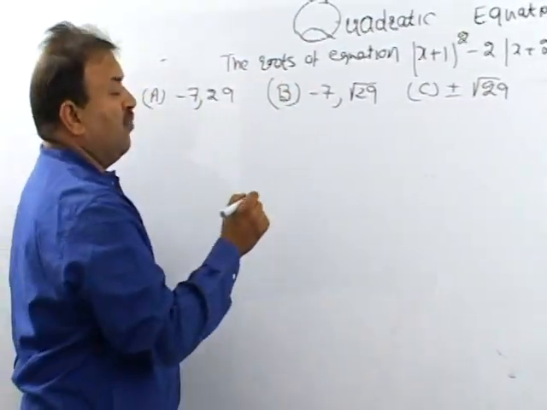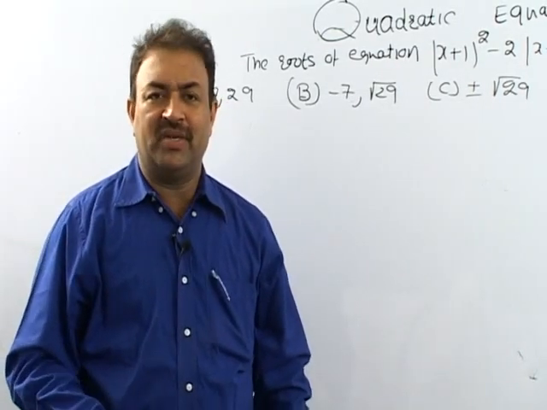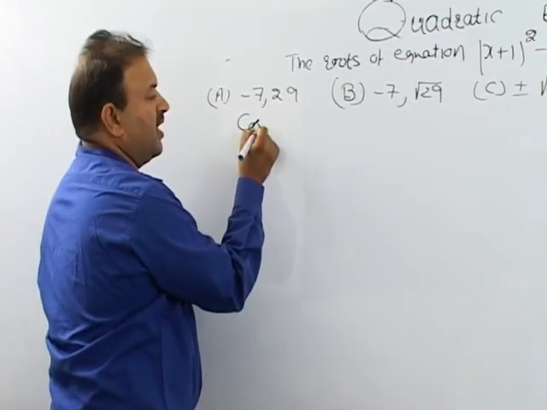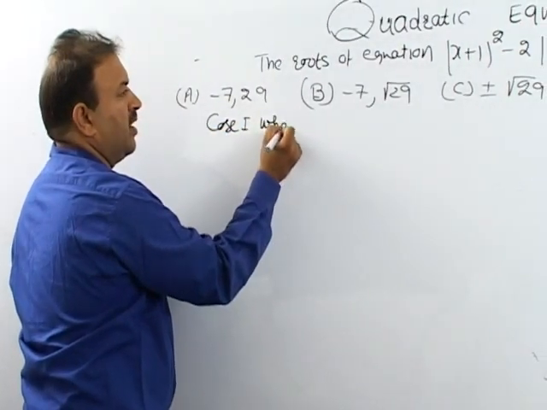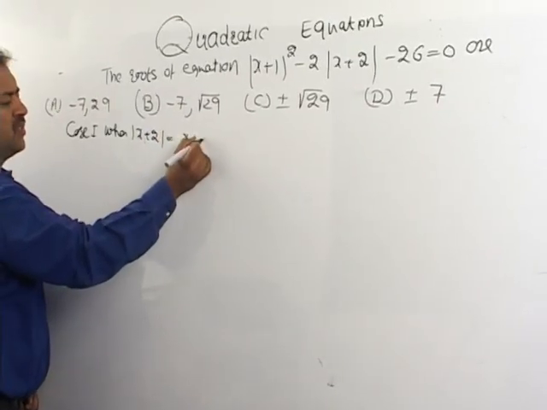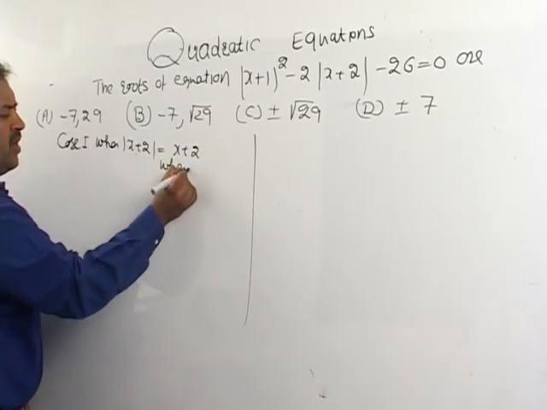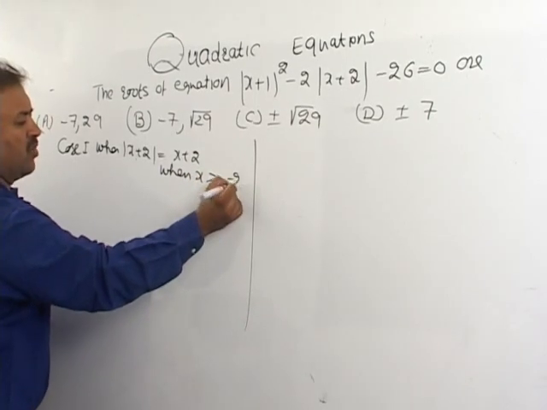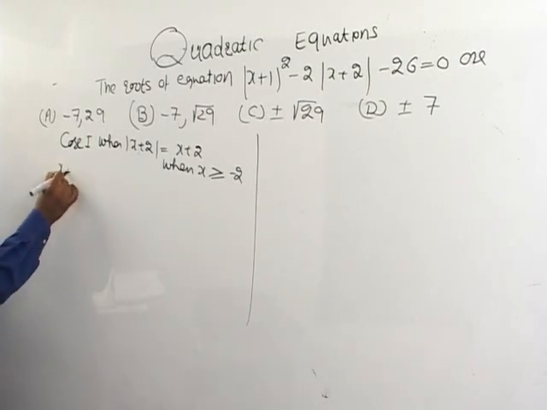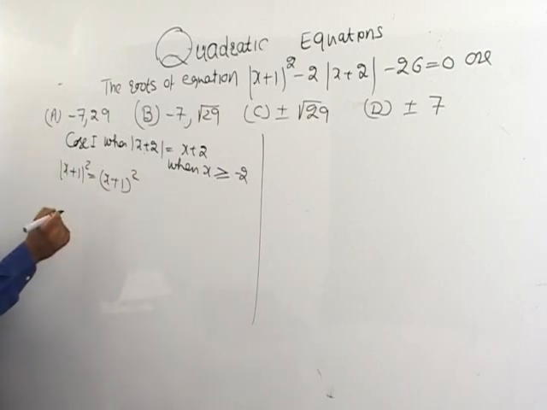So we will do as we have done in the last question. We'll take up the two cases. First case, case 1, when modulus of x plus 2 is equal to x plus 2. This is when x is greater than or equal to minus 2. Now (modulus of x plus 1) whole square is always equal to (x plus 1) whole square.